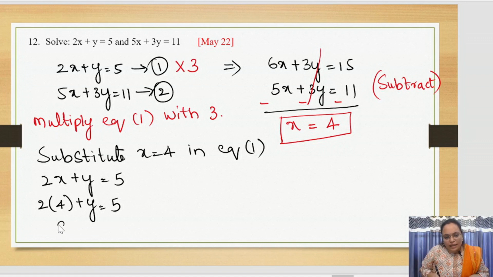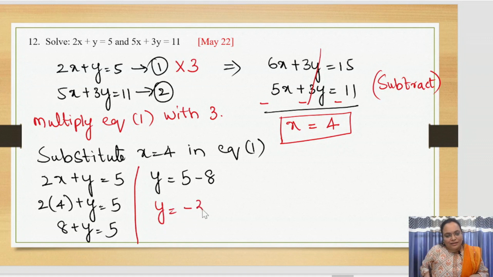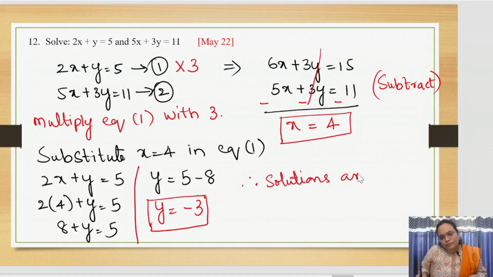You will get 8 plus y is equal to 5. So y is equal to 5 minus 8. So you will get y is equal to minus 3. Okay. So therefore, the solutions are x is equal to 4 and y is equal to minus 3.